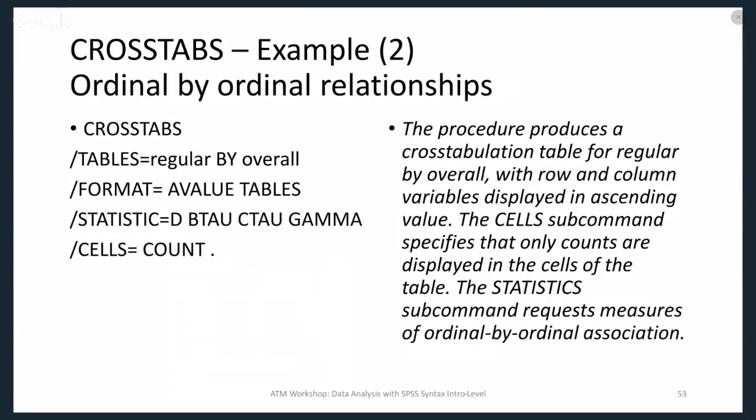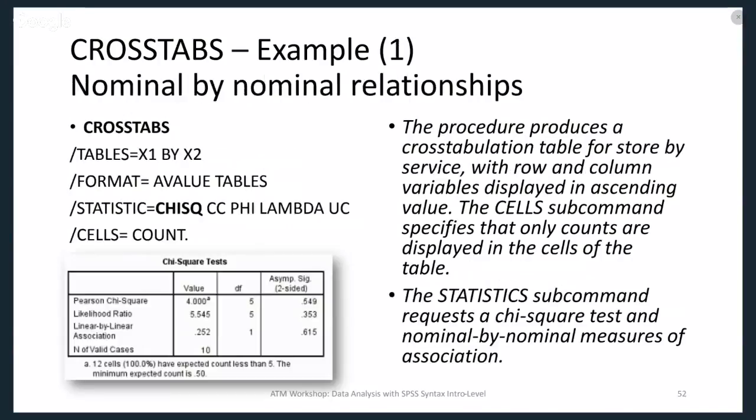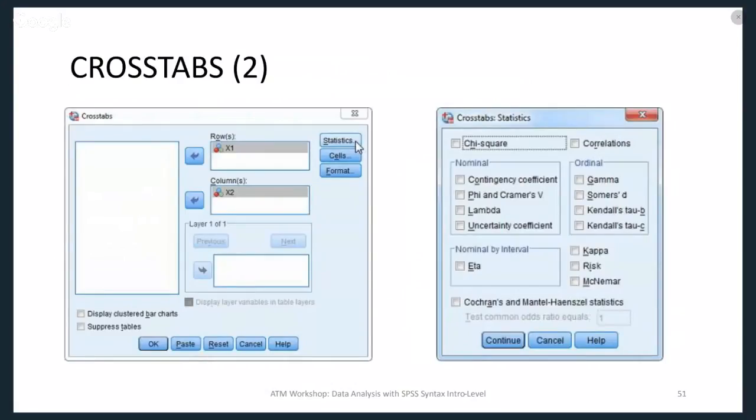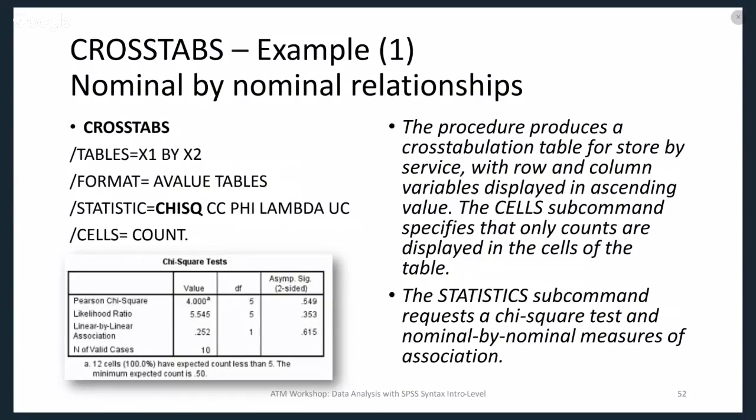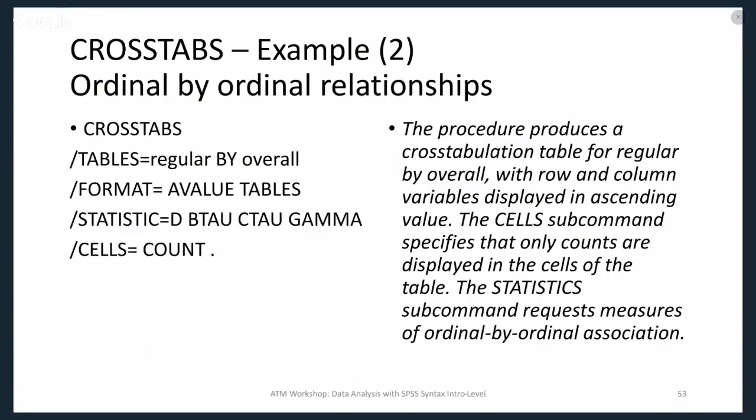Another one is the ordinal by ordinal relationship. There is the nominal by nominal relationship, which is categorical by categorical with those indices, and it's good to know. Also ordinal by ordinal, which is very popular, Kendall's tau-b and tau-c, especially if you're working with Likert scale data, which is very likely to be ordinal.